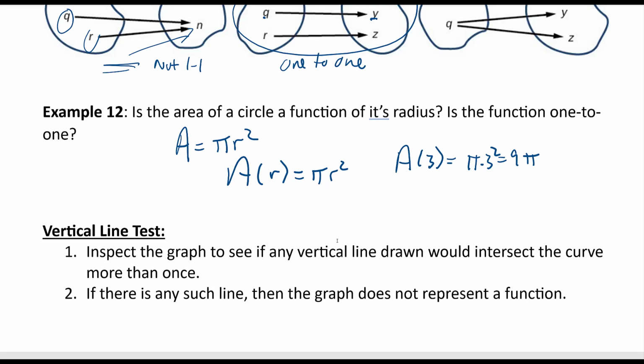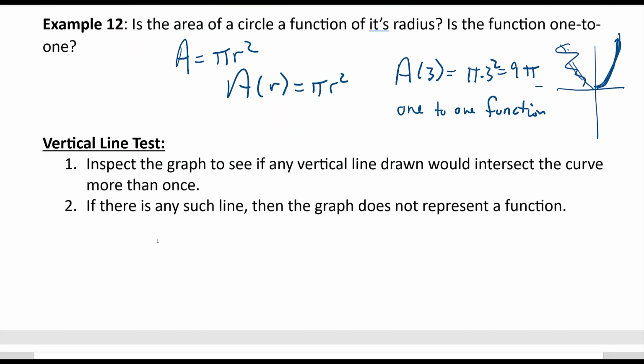Well, if we could have a negative radius, yes, but we can't have a negative radius, so this would be a one-to-one function, because we cut off that whole other half of the parabola. If the other half was here, there'd be another way to get there. But that's not there. It's just this side because you have to have a positive radius.